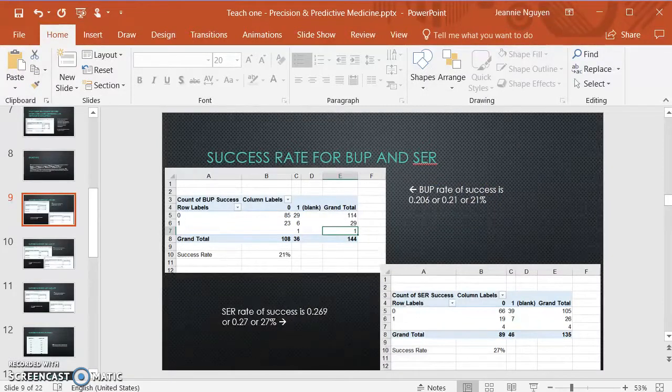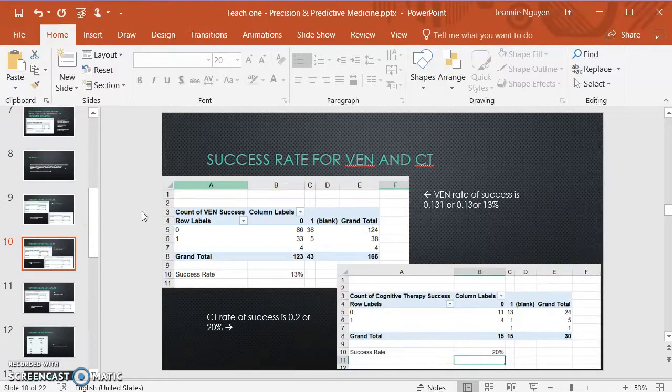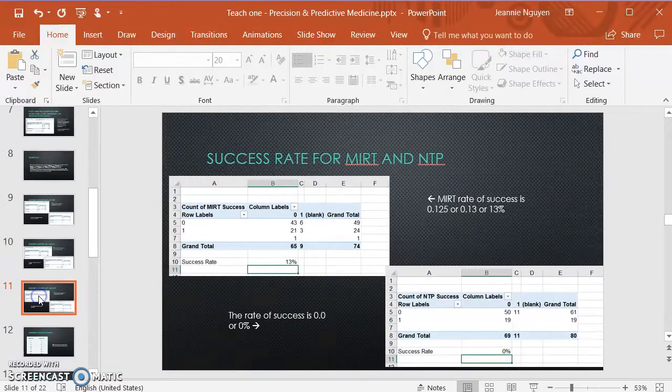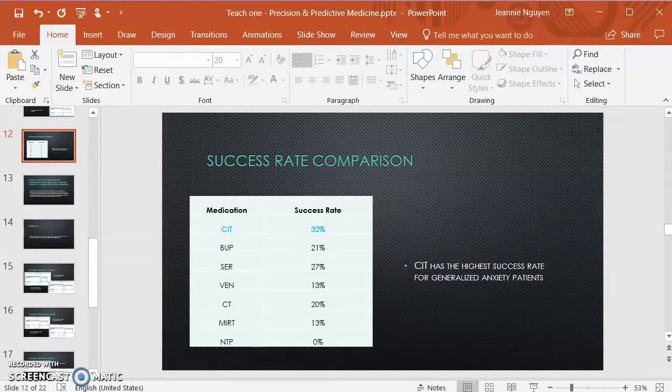So for SER, the success rate is 27%, BEN is 13%, CT is 20%, MIRT is 13%, and NTP is 0%. When put all into a table, the medication with the highest success rate is CIT.